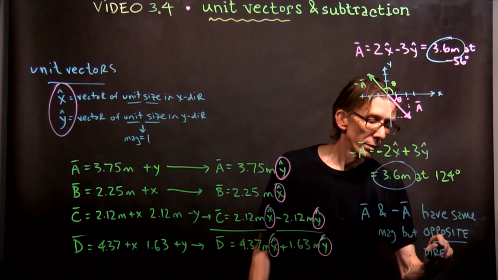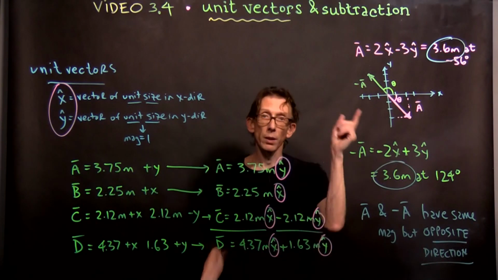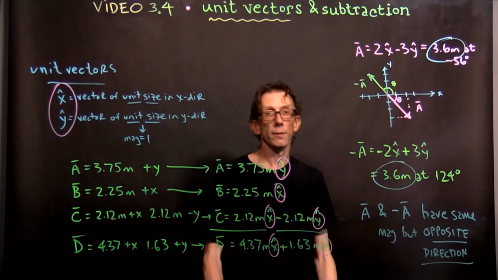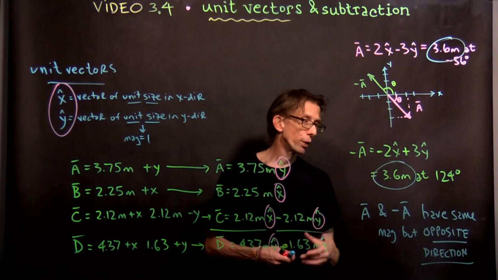That's the clip and save. So when you subtract a vector, you simply mean it's the same as adding a vector that's pointed in the opposite direction.